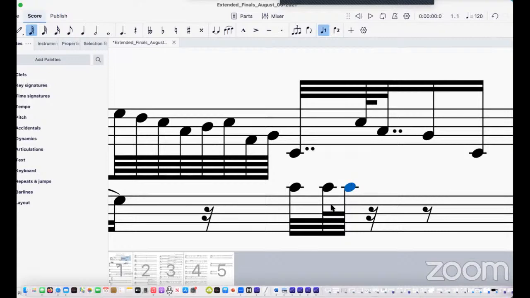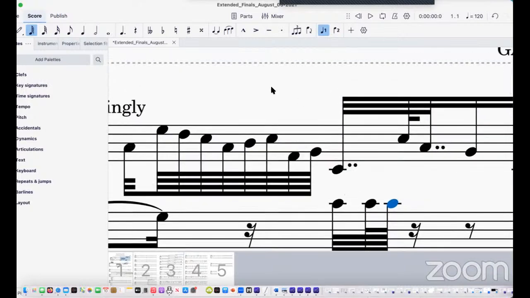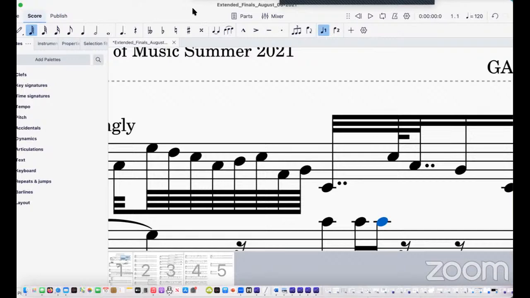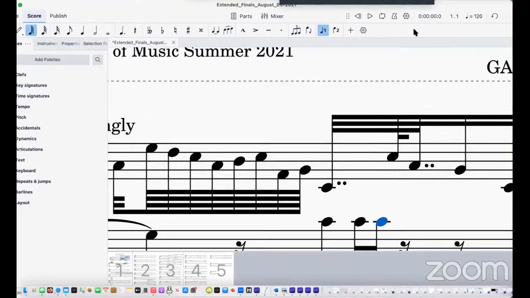So here I would add one more dash, which would be the 128th. So this is 32nd, 64th and 128th. And here is 32nd, 64th and 128th. Now I'm on the new software, I do not know how to use this.